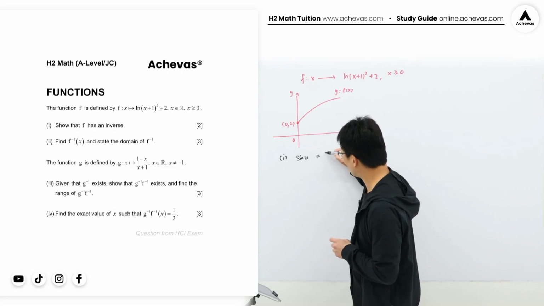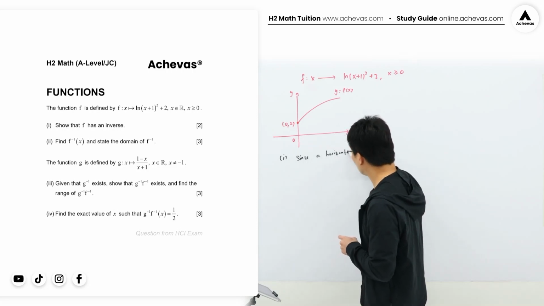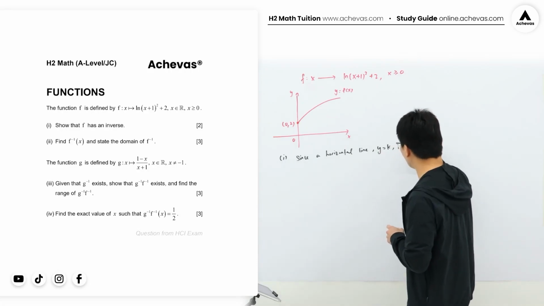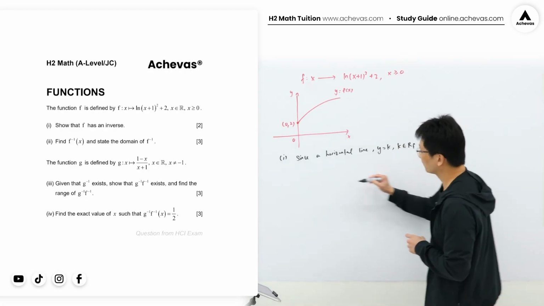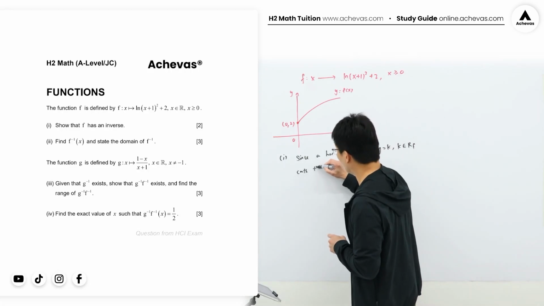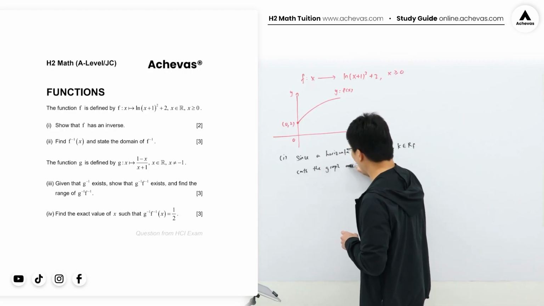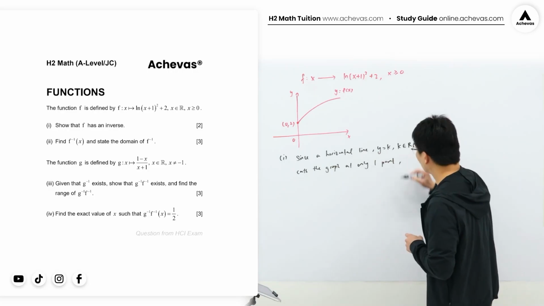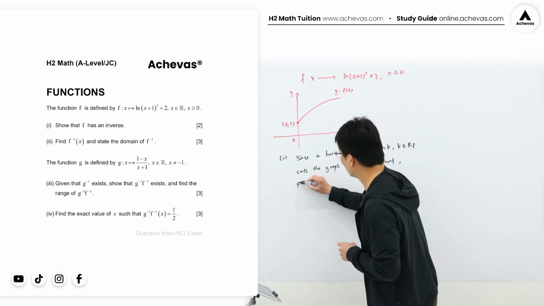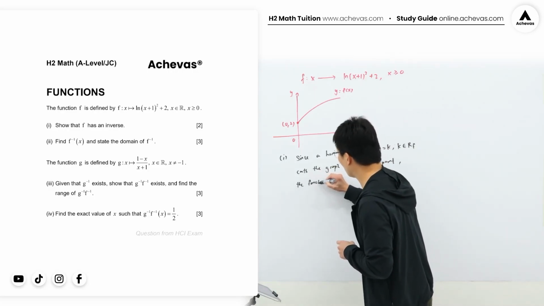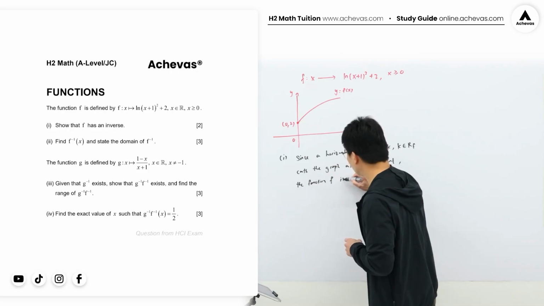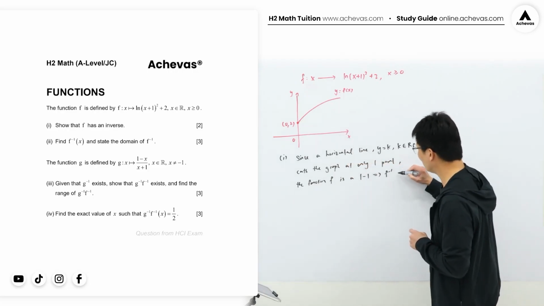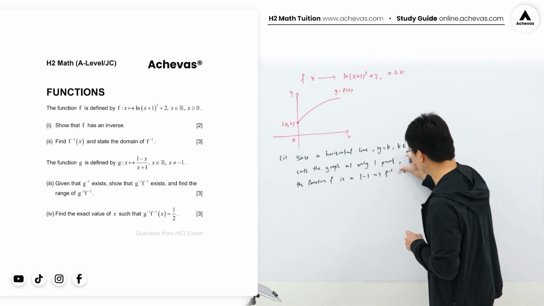Since a horizontal line y equal to k, where k belongs to the range of f, cuts the graph at only one point, the function f is one-to-one, and this will imply f inverse will exist.